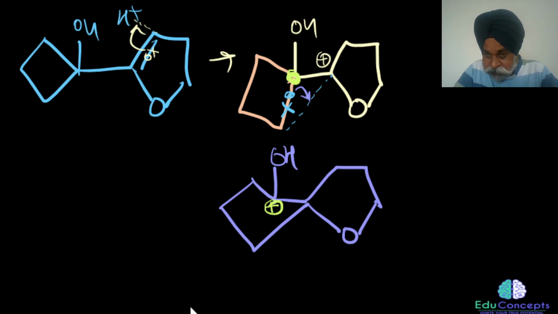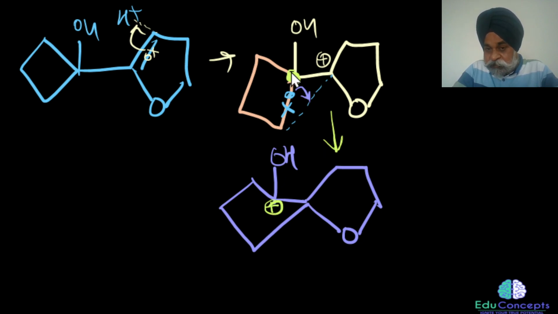Now make it a point, if next to the carbocation there is an OH group, then try to bring the positive charge onto that carbon which contains the OH group, just like in the case of pinacol-pinacolone rearrangement as well.